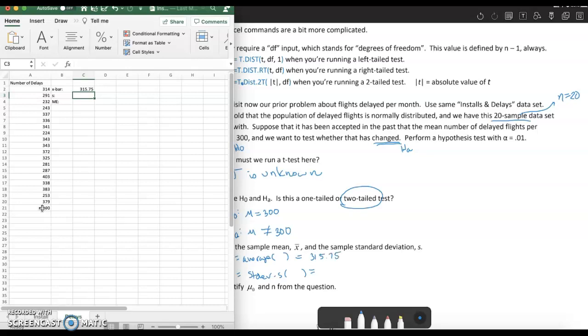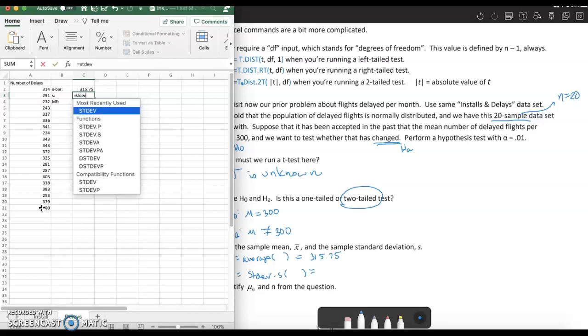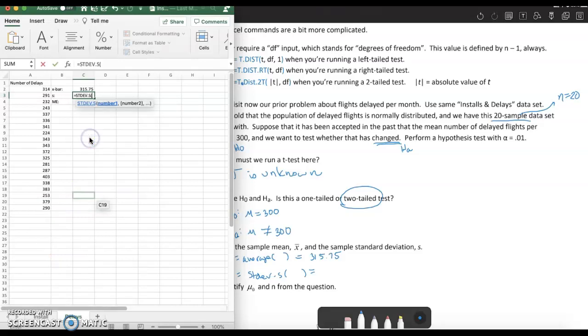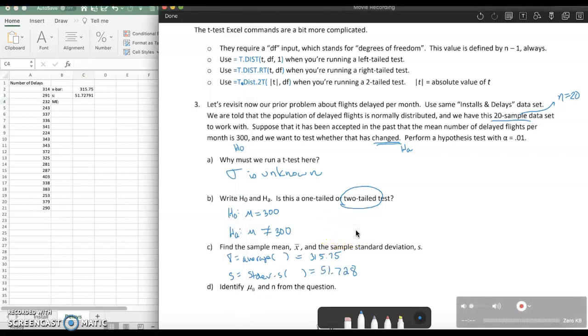And our sample standard deviation is equals stdev.s. Highlight the data set. So it looks like our sample standard deviation, I'm going to keep 3 decimal places here, is 51.728. That's what we need from our data set.